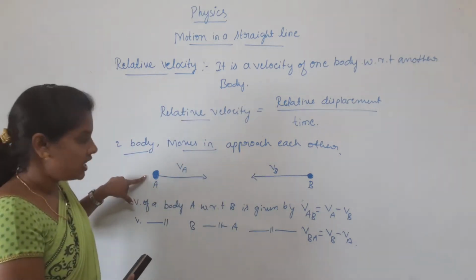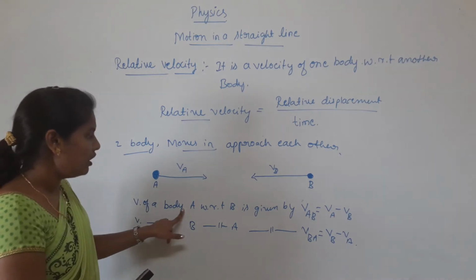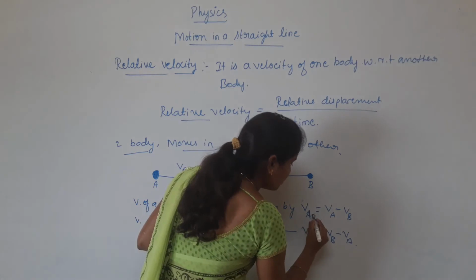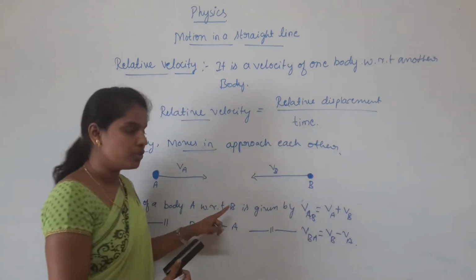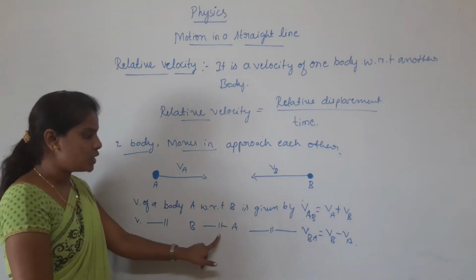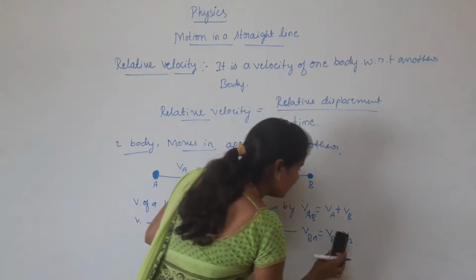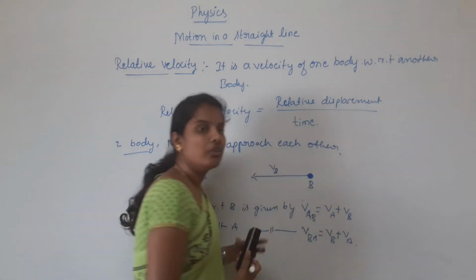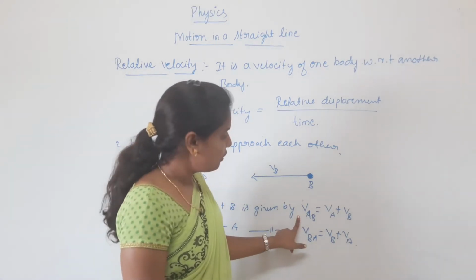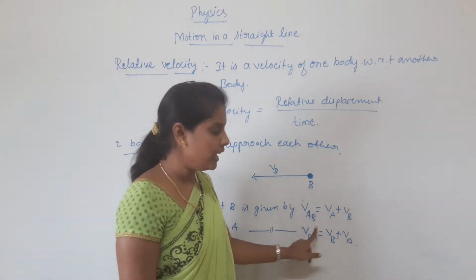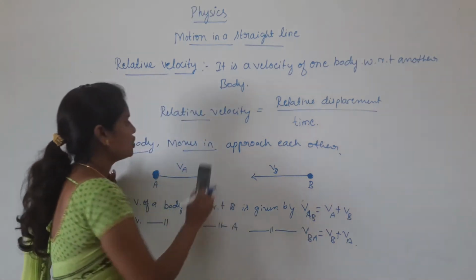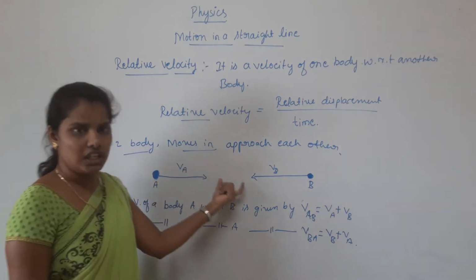In this situation, the velocity of body A with respect to B is given by VAB equals VA plus VB. The relative velocity of A with respect to B and B with respect to A are both the same when the two bodies approach each other.